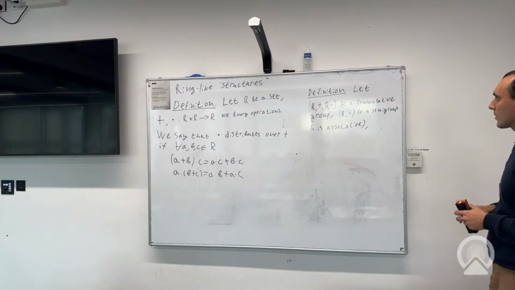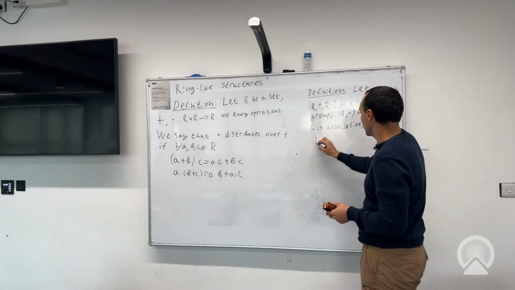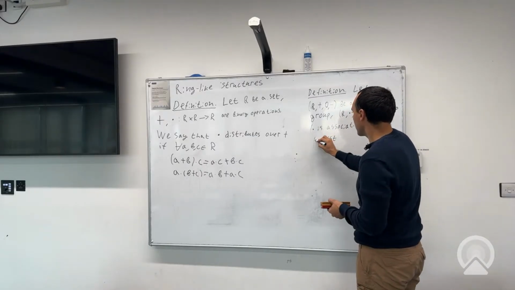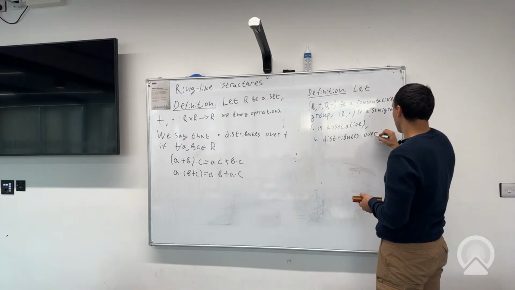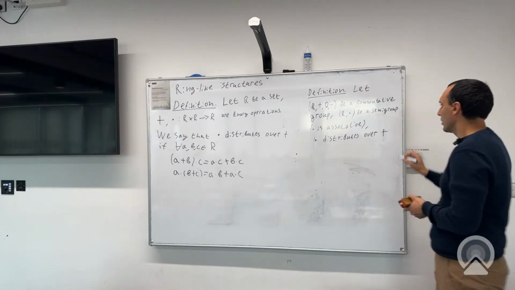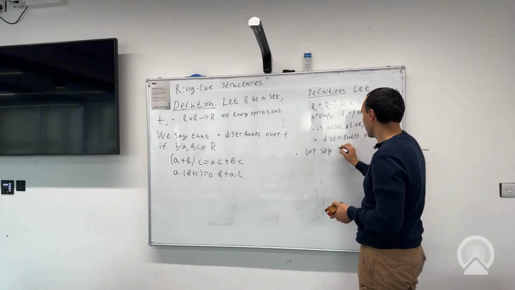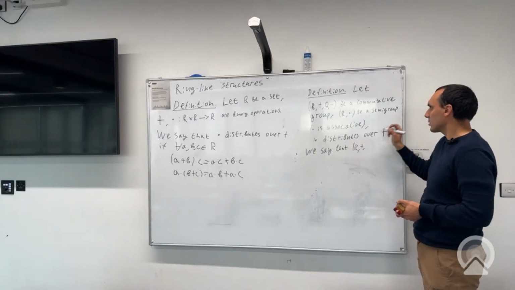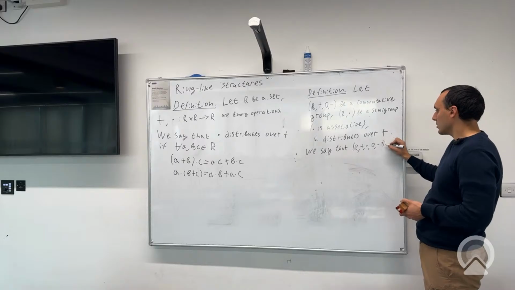And multiplication distributes over addition. We say that this combined structure, addition and multiplication, is a ring.